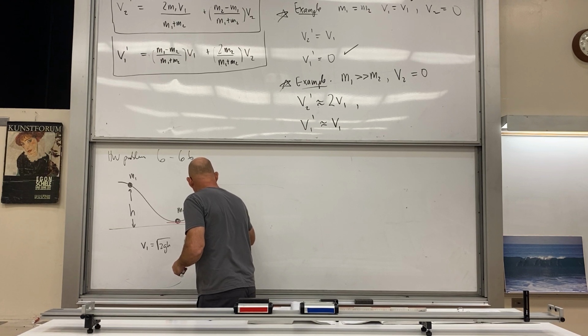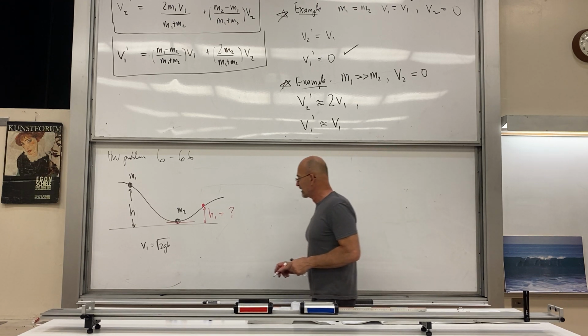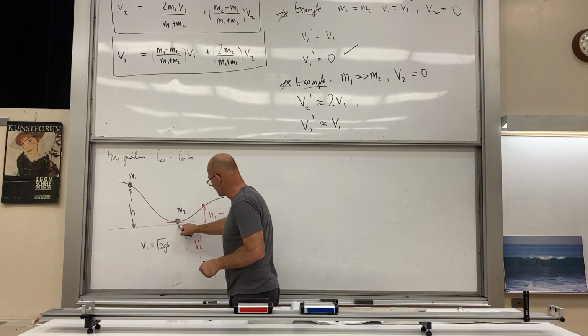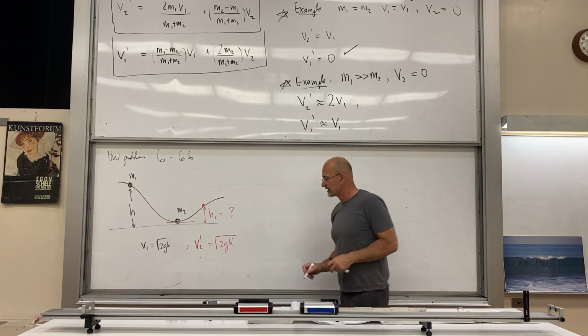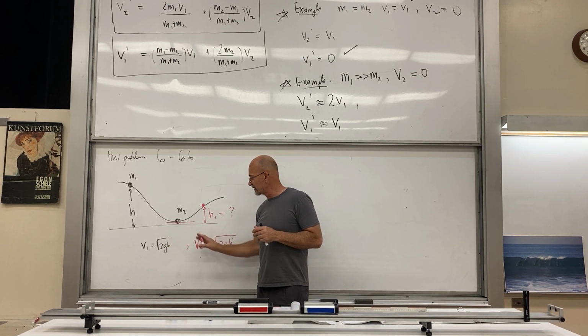So how high does this thing go? And that depends on its speed. Okay. But you can just as well say V2 prime, that's its speed afterwards, is equal to root 2GH prime. Okay. Those are the energy conservation and even free fall formulas, so you're getting used to these.